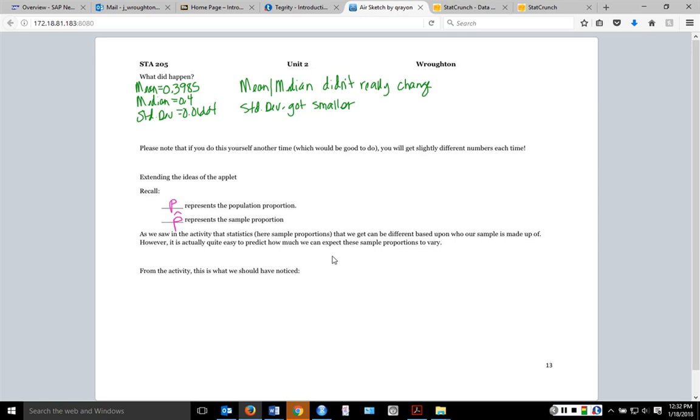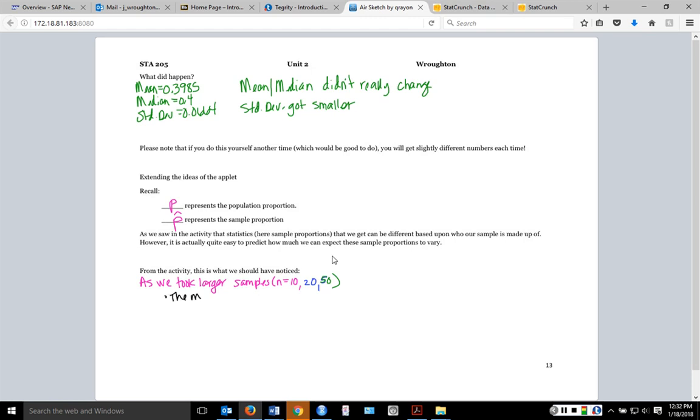So in our activity, here are the things that we should have noticed. As we took a larger sample, we looked at an n of 10, then we switched to an n of 20, and then we switched to an n of 50. Here's what we should have seen happen.